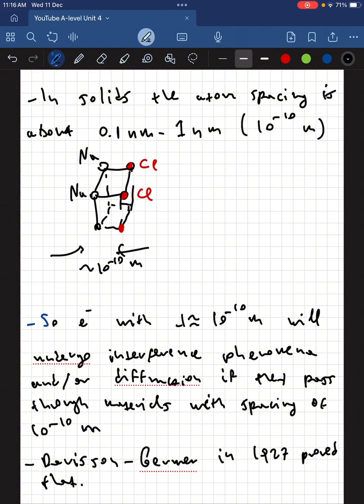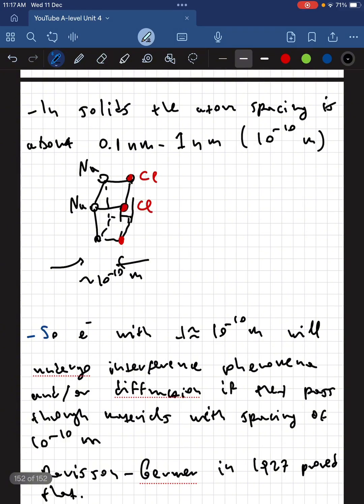But then if you put some solid material in the track through which electrons pass, you will see interference phenomena, okay? And this is how the de Broglie theory that electrons are also waves was proved.